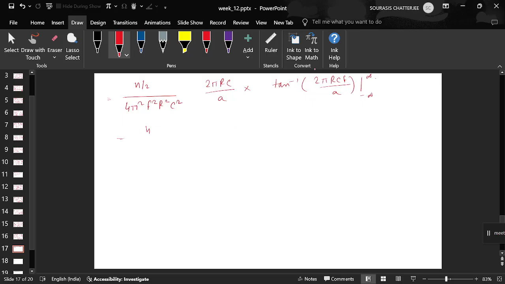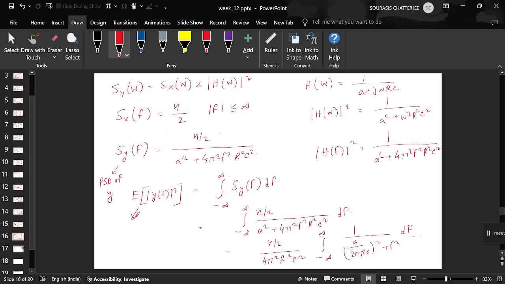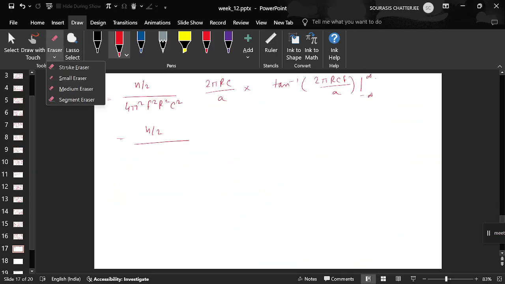Okay, I made a mistake, there is no f in the coefficient, so it's 2 pi RC times tan inverse of infinity, that is pi by 2, and of minus infinity, that is minus pi by 2.